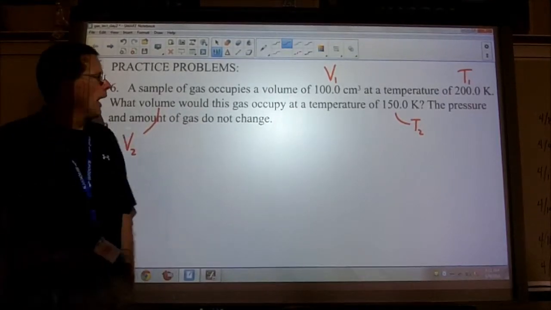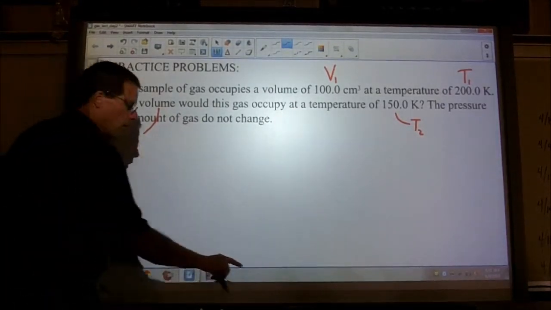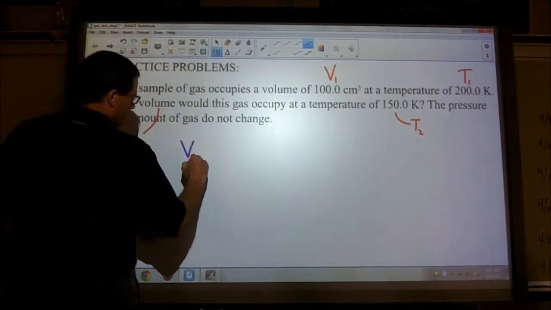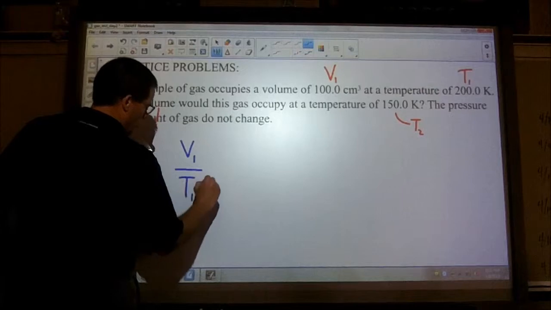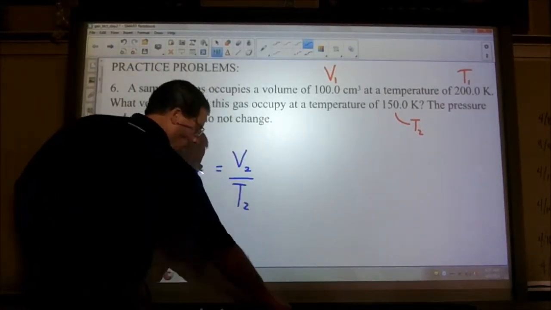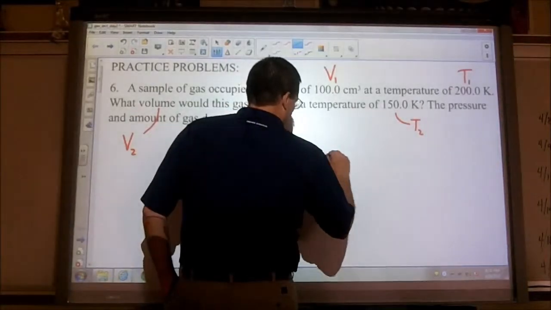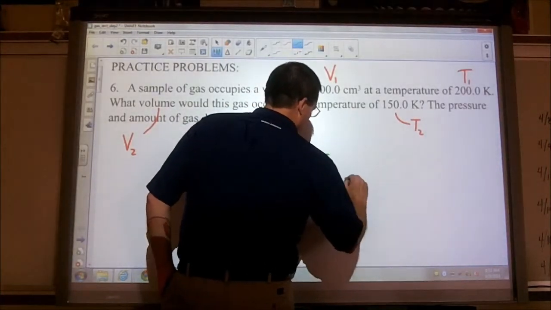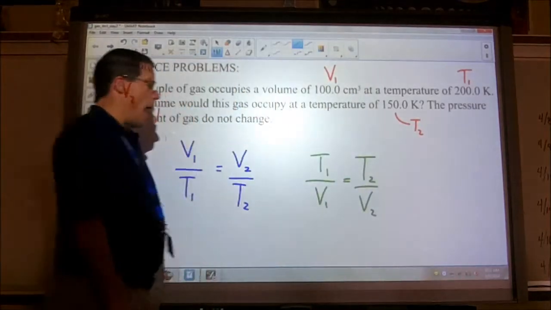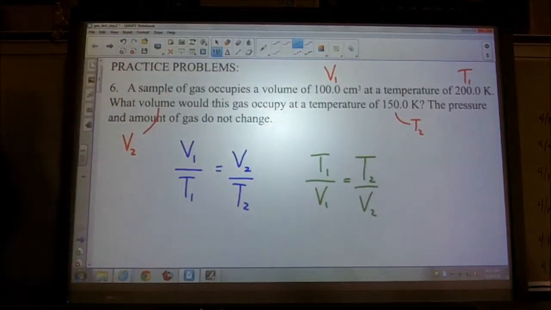And the way that this equation actually looks, and you'll be given this, so don't freak out, it'll be either V1 over T1 is equal to V2 over T2, or you will have T1 over V1 is equal to T2 over V2. So these are how those two equations could look.